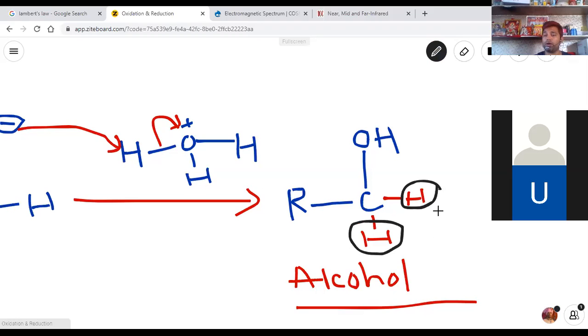There is removal of halide and addition of two hydrogen atoms, and both of these hydrogen atoms come from the borohydride ion, and this hydrogen comes from the hydronium ion. So this was the reduction of carbonyl compounds using sodium borohydride.